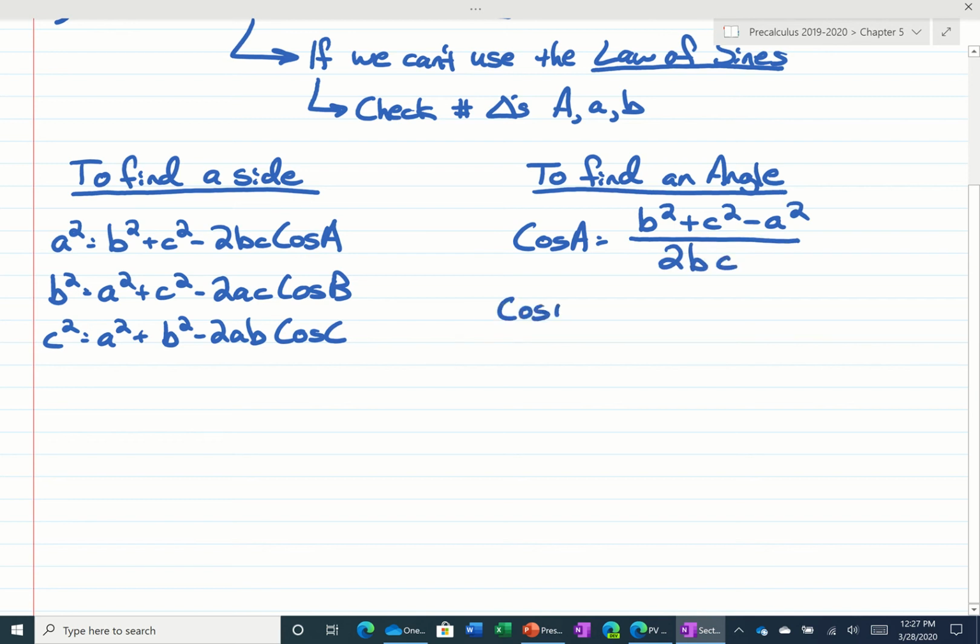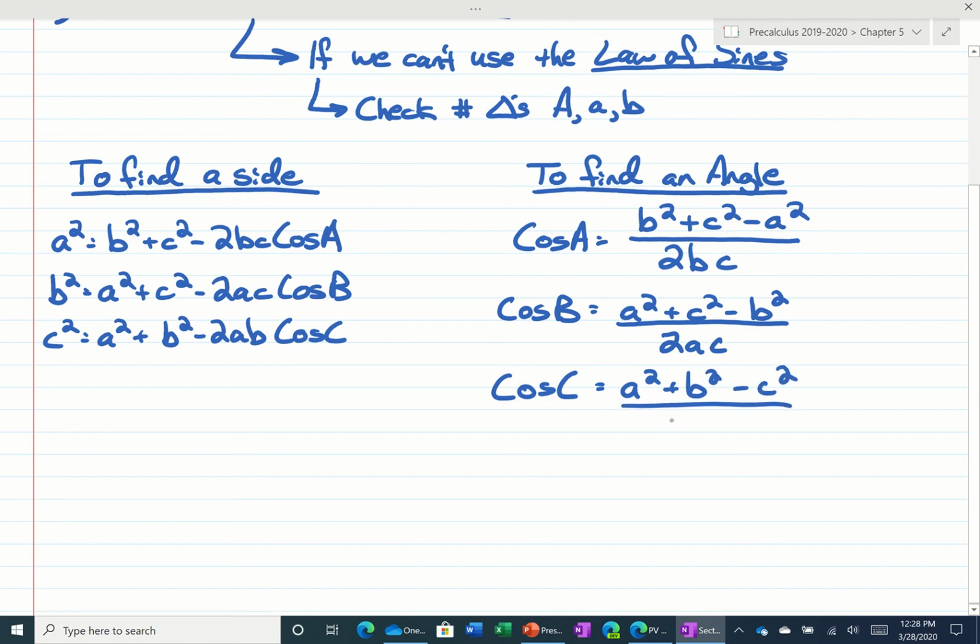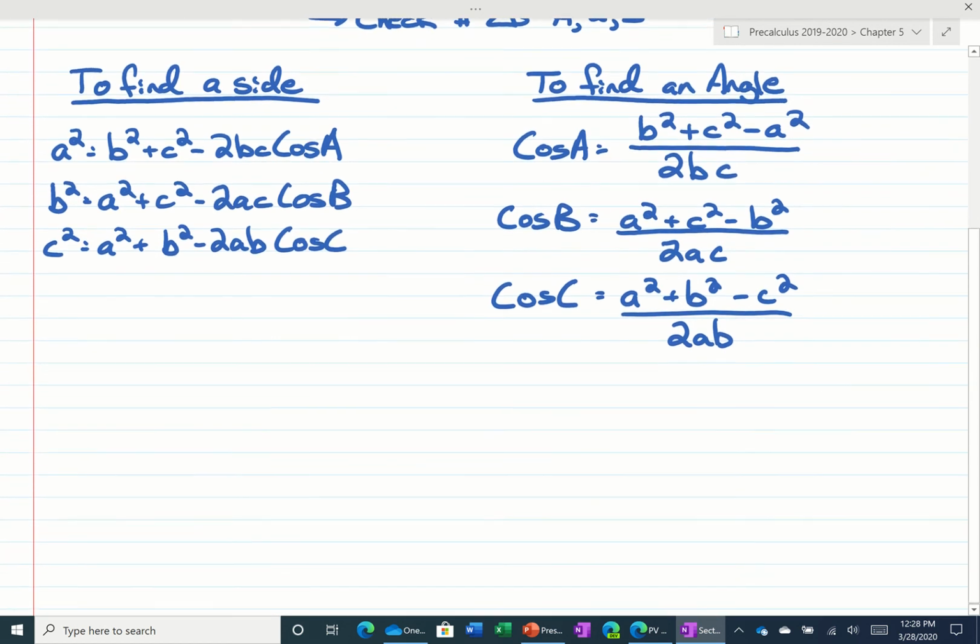We could find the cosine of angle B by doing a squared plus c squared minus b squared over 2ac. And we could find the cosine of angle C by doing a squared plus b squared minus c squared over 2ab. That's our law of cosines.